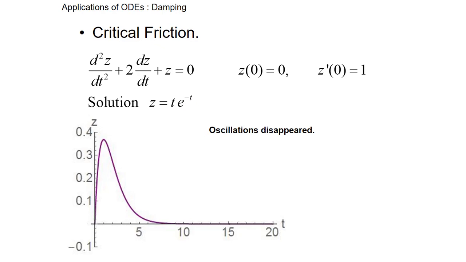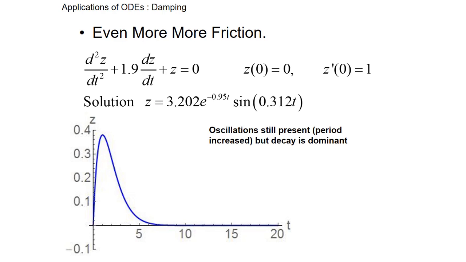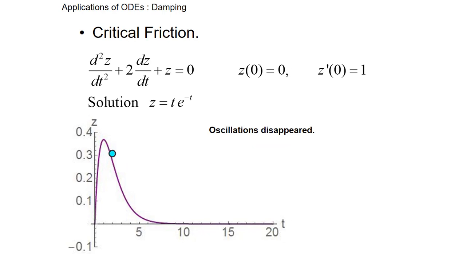We call this critical friction, critical damping, but it's important to note that although the solution here, mathematically, seems to have a very different form for 0.9, when we look at the graphs, there's not a massive difference between this graph and this graph here.